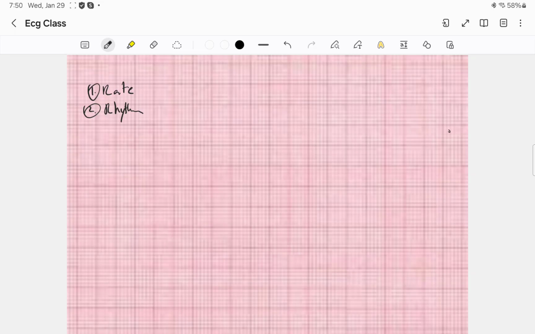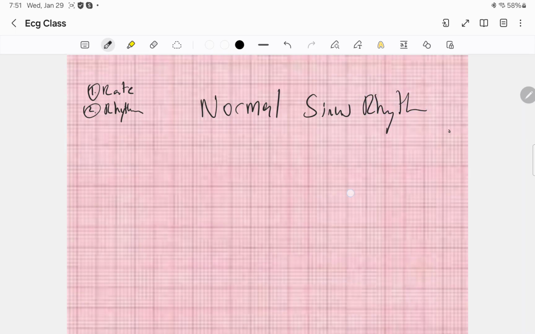I suppose persons sometimes use the word sinus rhythm loosely to include sinus bradycardia, sinus rhythm, and sinus tachycardia, but more technically accurate would be to say normal sinus rhythm, also shortened to NSR, right? So normal sinus rhythm is between 60 to 100 beats per minute.